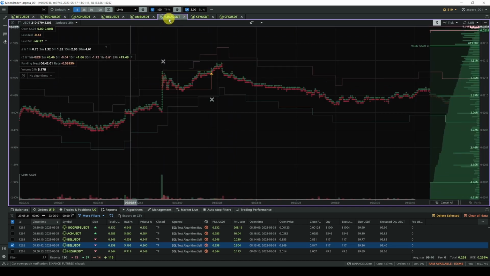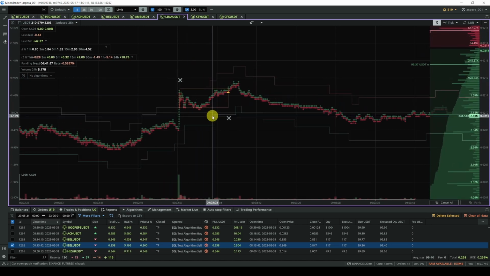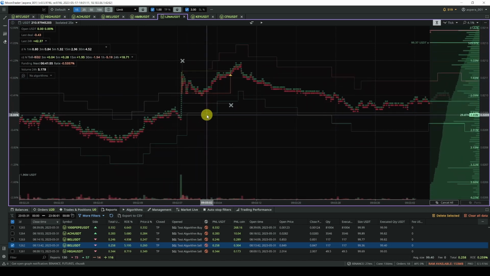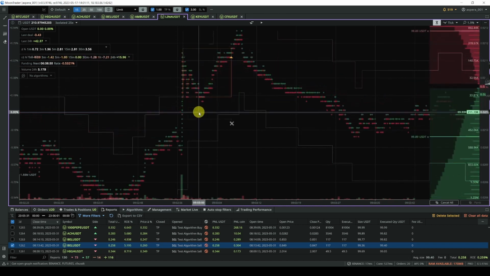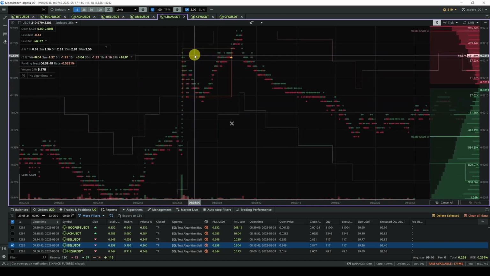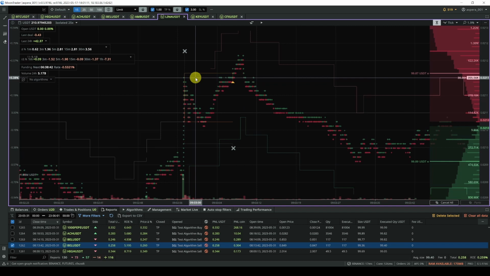Now, here is another example of a loss, but here it did not close immediately. So the size of this shot was about 1.12. Now, right here, due to some miracle, the position was not immediately closed at the stop loss level.